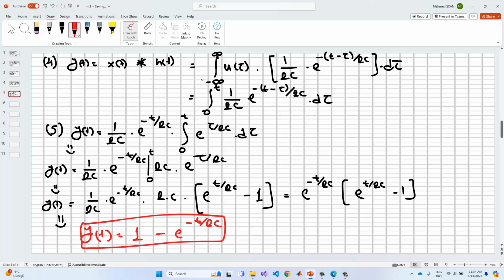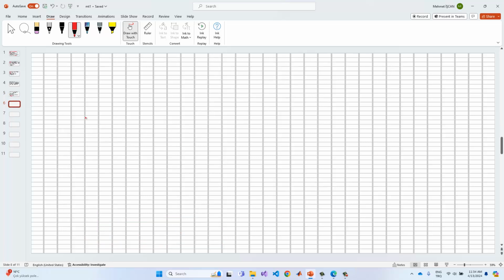Then we should apply the convolutional integral with the terms of this one. ut yields us 1 if t is bigger than 1, otherwise 0, and so we have the lower limit equal to 0, and the other one is t because it depends on the t in here. And then we can solve this equation and reach the yt solution based on the convolutional integral.